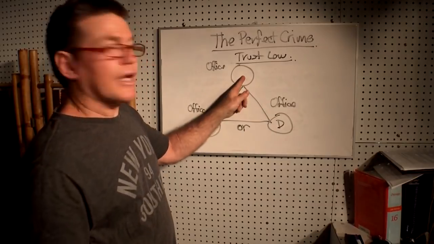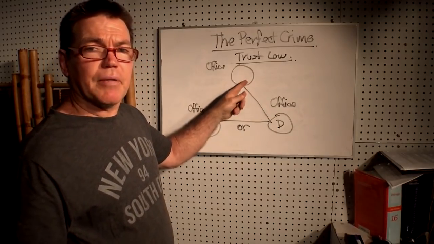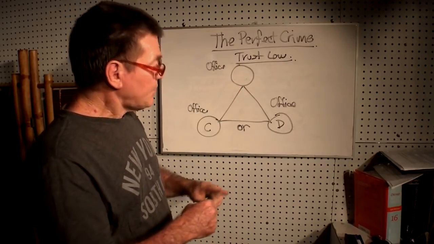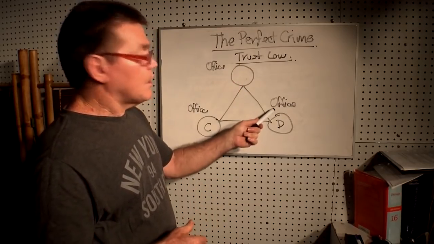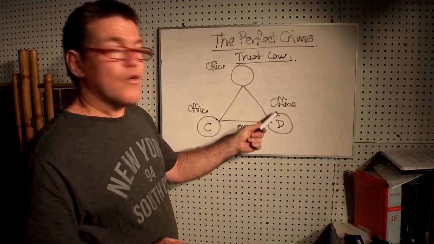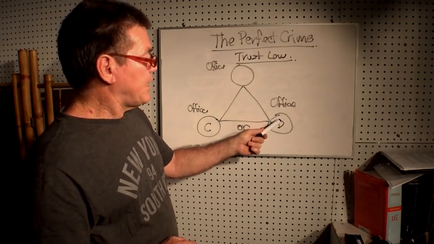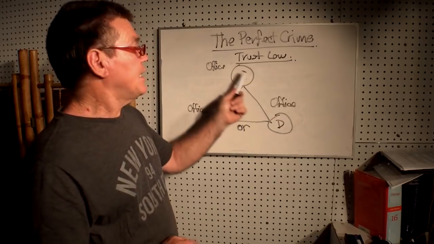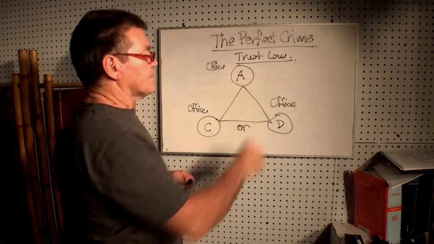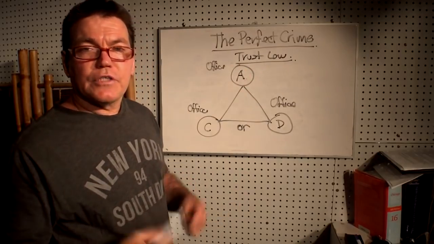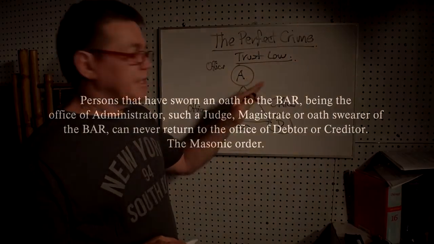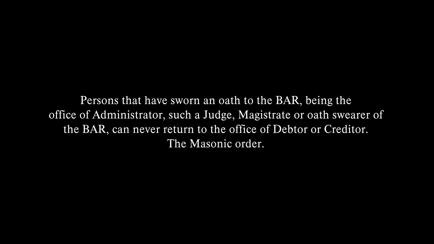But once the administrator, that's the judiciary, the judges, the magistrates. Once the judiciary swear an oath to leave the debtor or creditor standing and become the administrator, that oath is a life oath. They are told how the system works on the condition that they never return back.